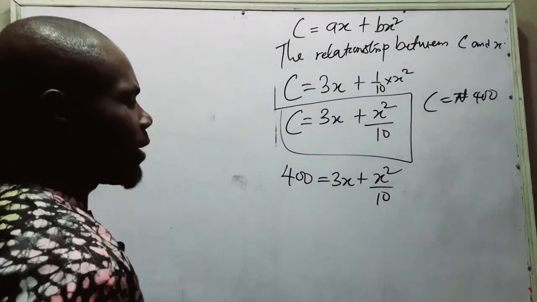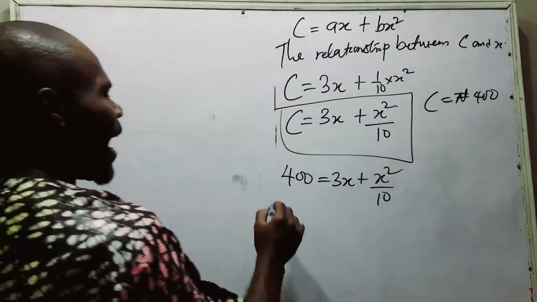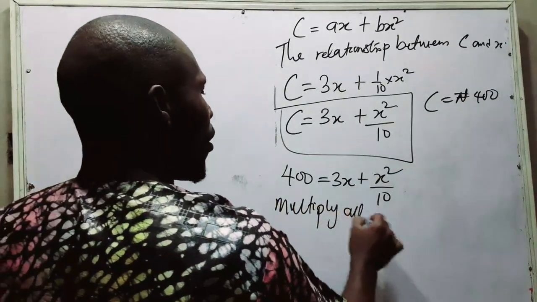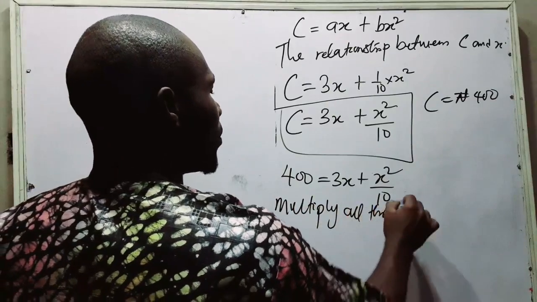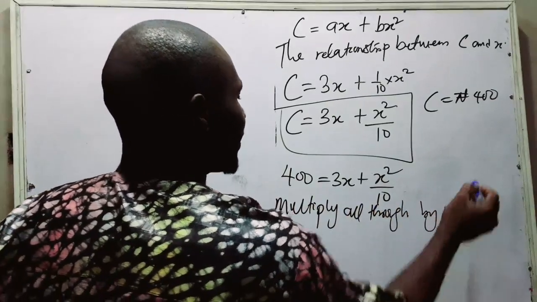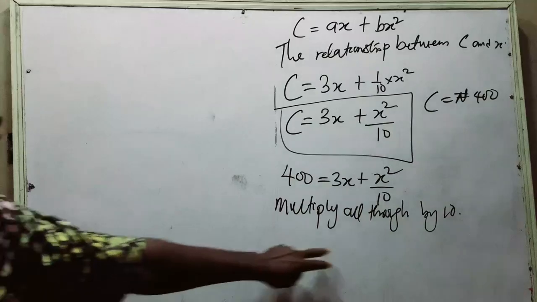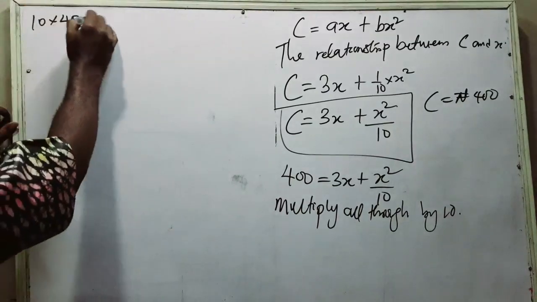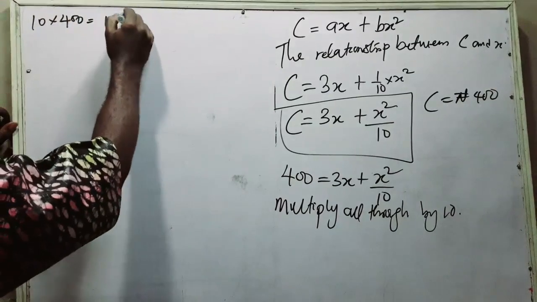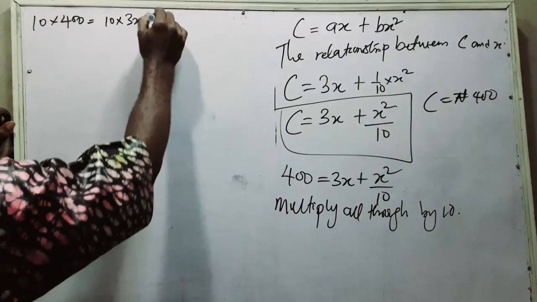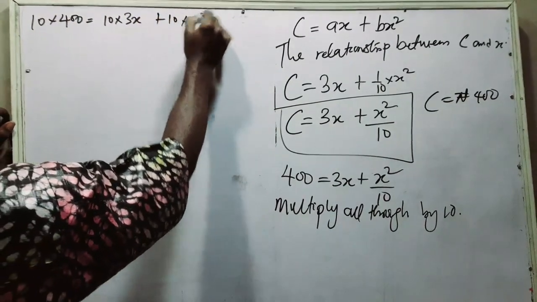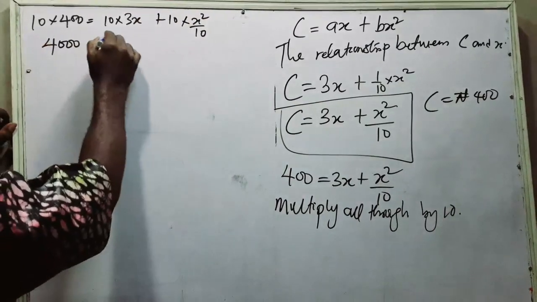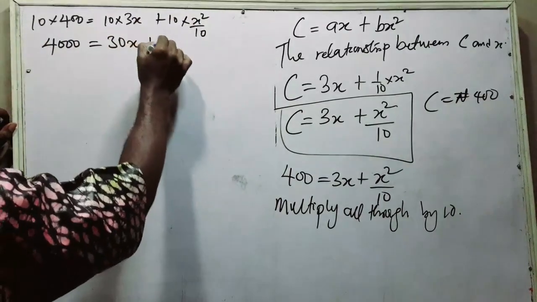How do we do that? Multiply all through by 10. So 10 times 400 is equal to 10 times 3x plus 10 times x squared over 10. We have 4,000 is equal to 30x plus x squared.